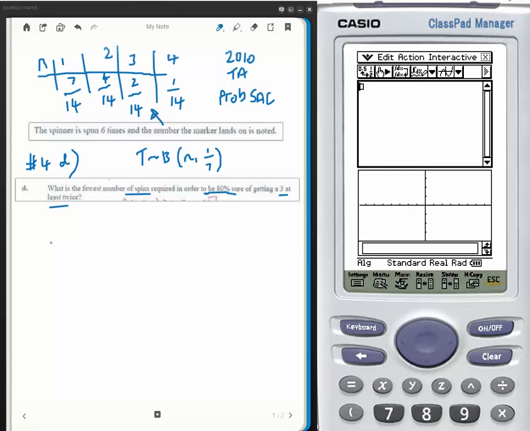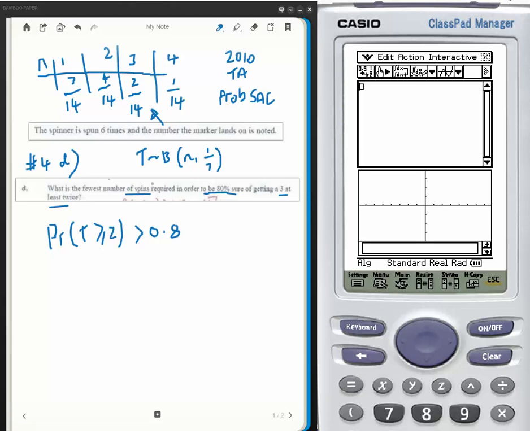So I want the probability of t being greater than or equal to 2, because I want at least 2 3s, in order to be 80% sure. So to be 80% sure, I want it to be 80% or more, so I want it to be greater than 0.8.